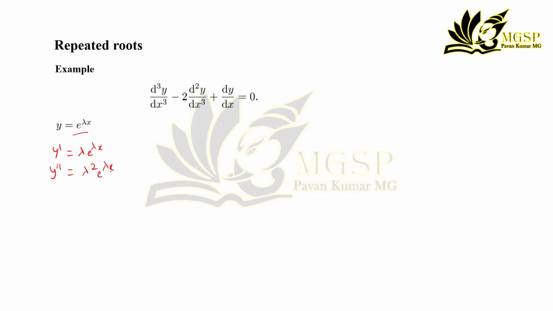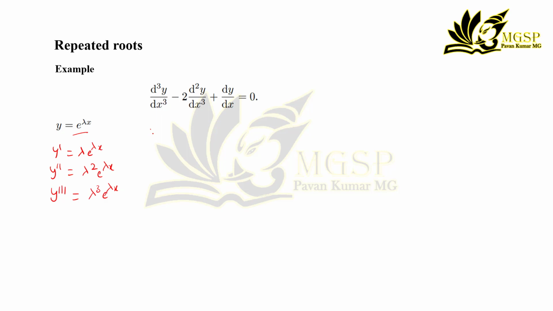In case of repeated roots, suppose the roots are repeated, what we have to do is again take y is equal to e power lambda x. Now differentiate: y dash is equal to lambda into e power lambda x, y double dash is equal to lambda square e power lambda x, y triple dash is equal to lambda cube e power lambda x.